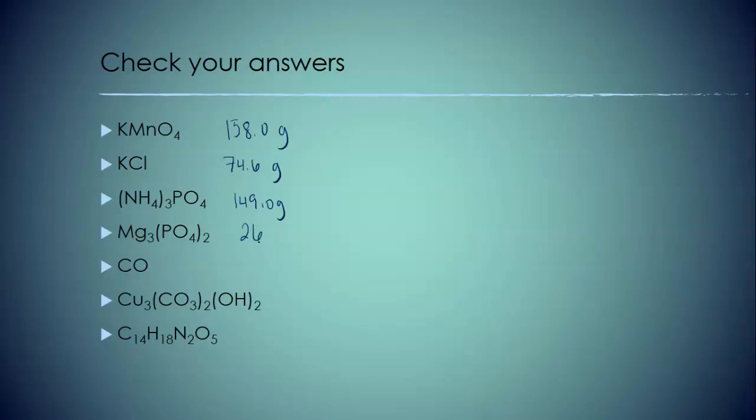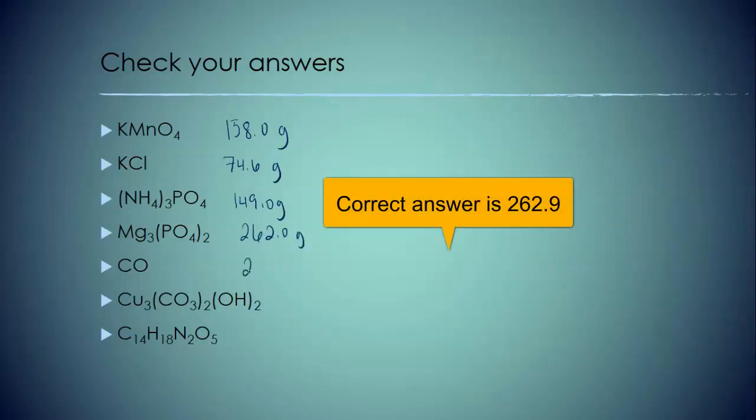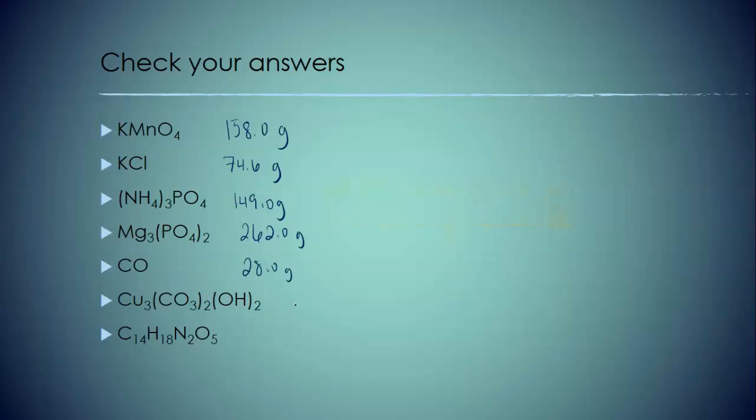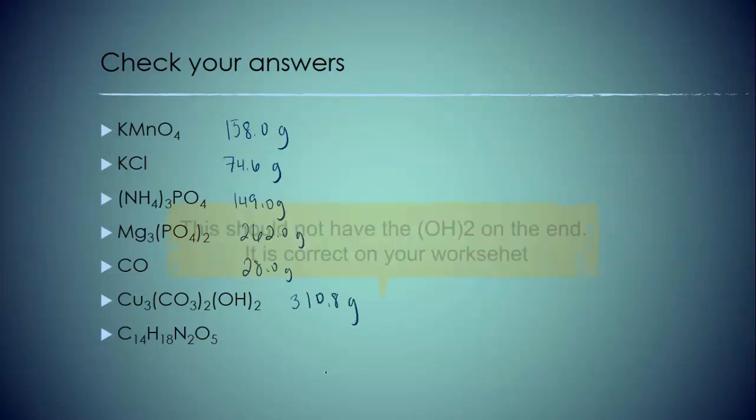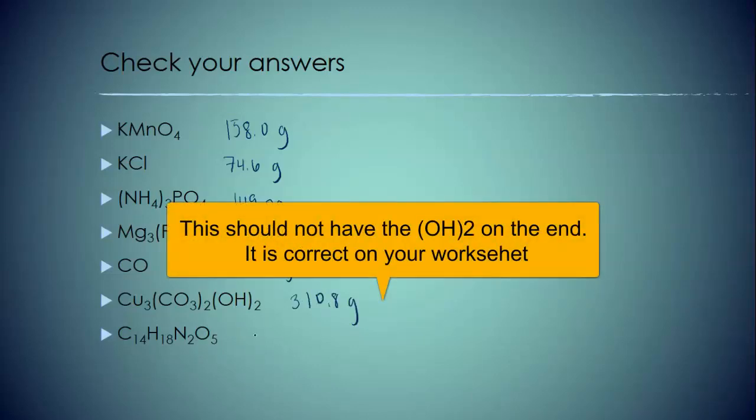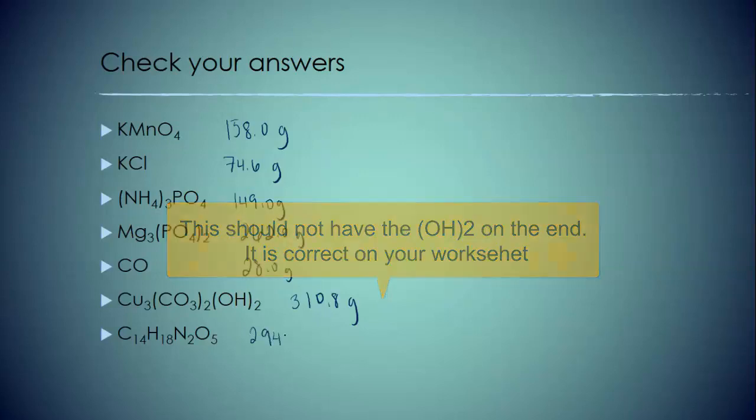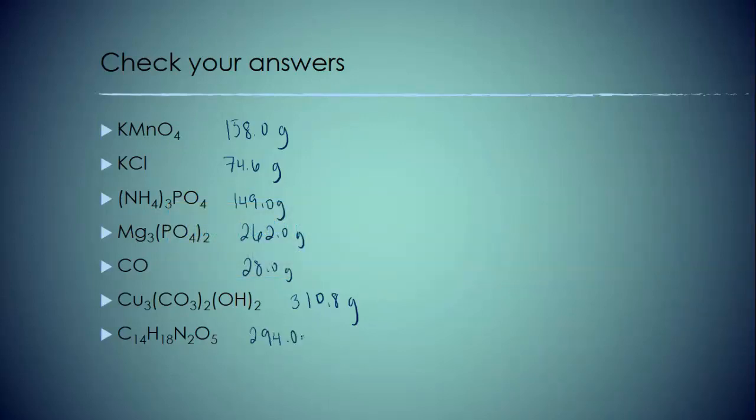The next one would be 262.0, 28.0 for carbon monoxide. This big ugly one here would be 310.8, and the really big one on the bottom, not quite as big as the last one, is 294.0. Now, if I made a mistake on one of those, because I literally flew through them, then ask me a question. Hopefully everything is okay moving forward.